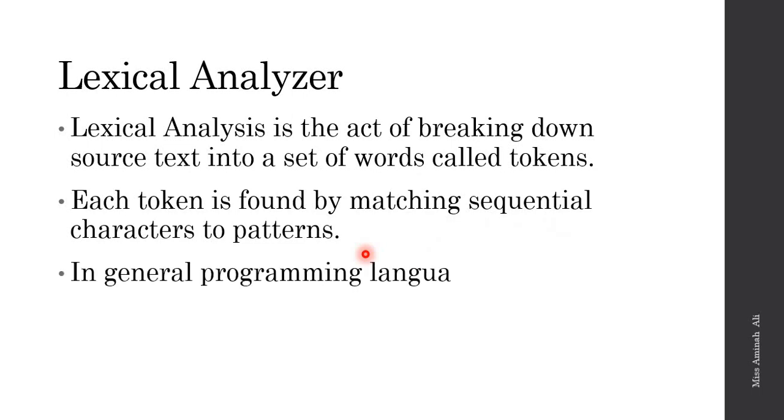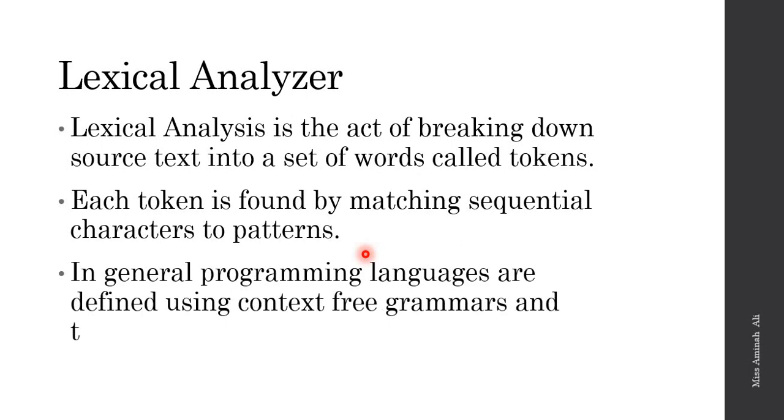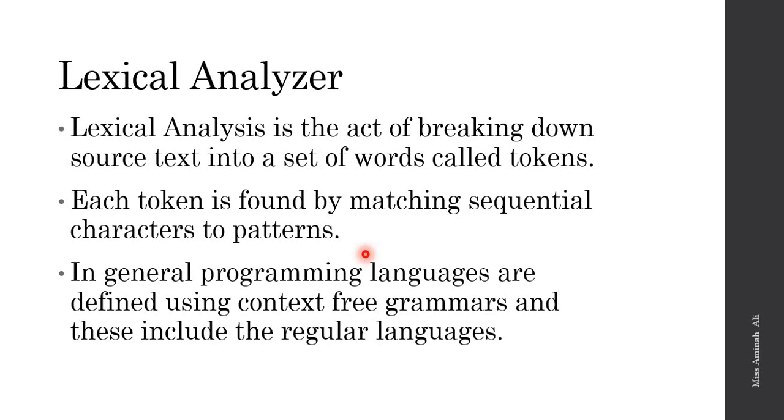So in general, programming languages are defined using context-free grammars, and these include the regular languages. Whenever a programming language is defined, it has some kind of grammar, and that specific grammar is used in the lexical analyzer so it can recognize what is an identifier, what is a keyword, and all that related stuff.